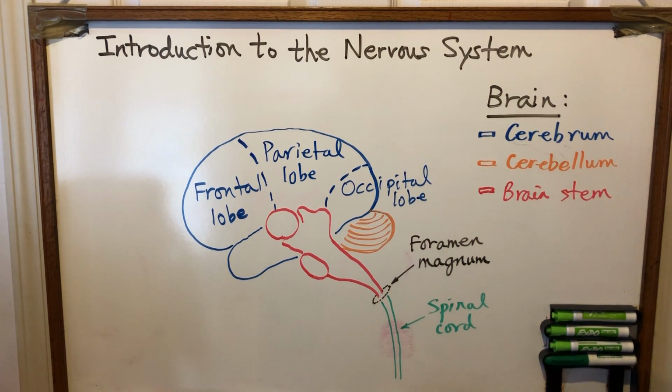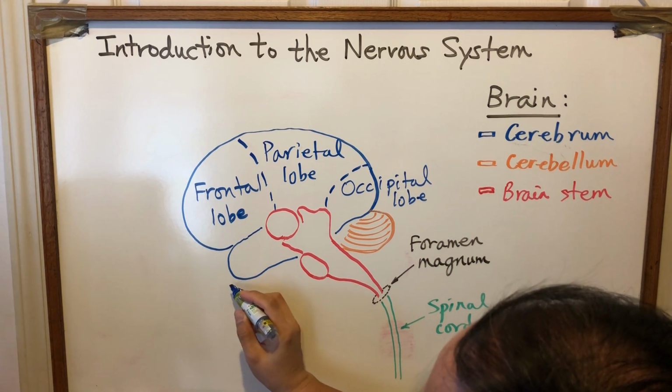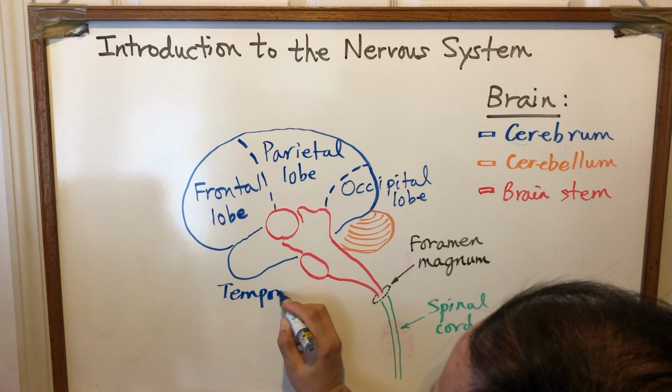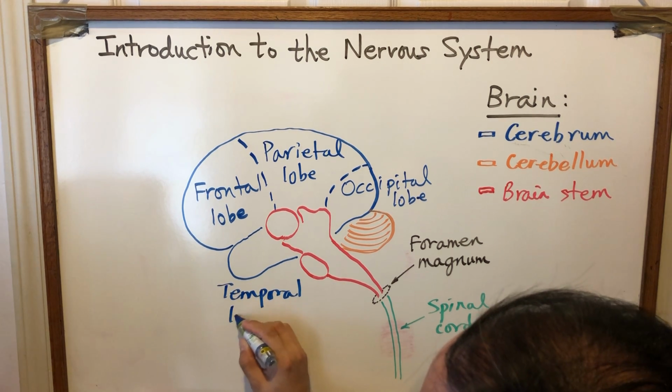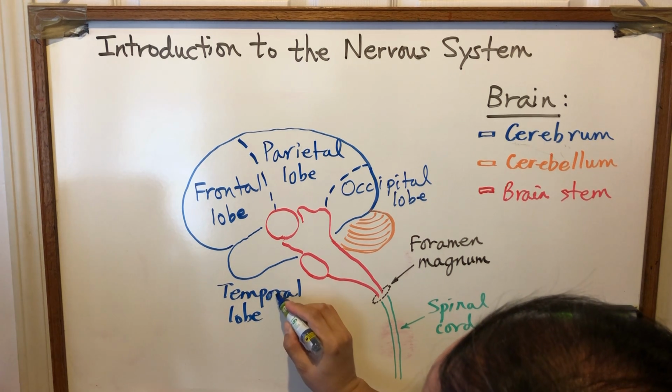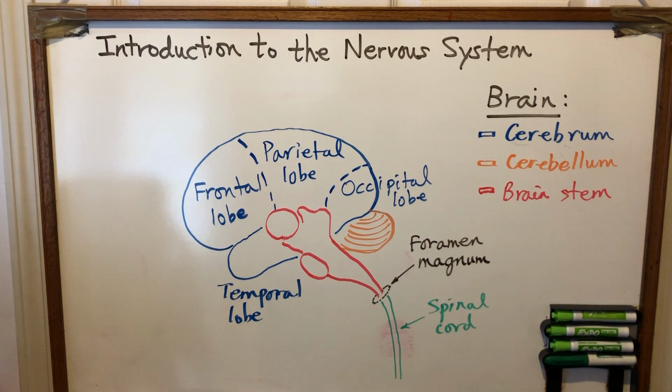And finally, this area protruding outward is right next to the temporal bone, and that's why they simply call it the temporal lobe. So these are the 4 lobes of the cerebrum, and each one is responsible for different functions.